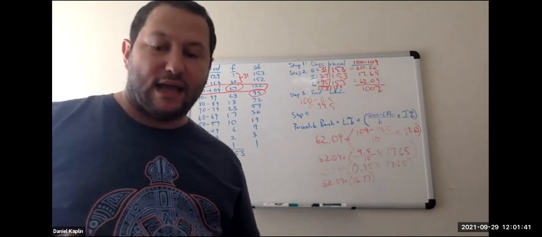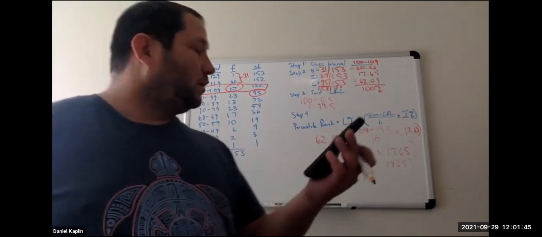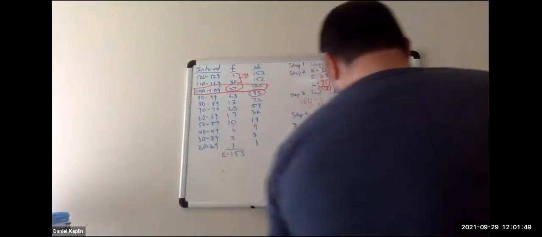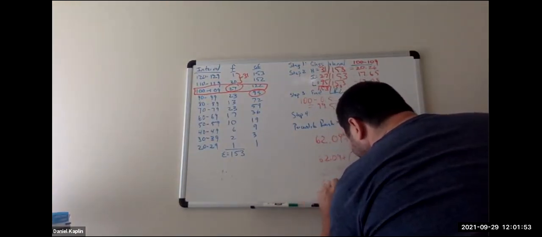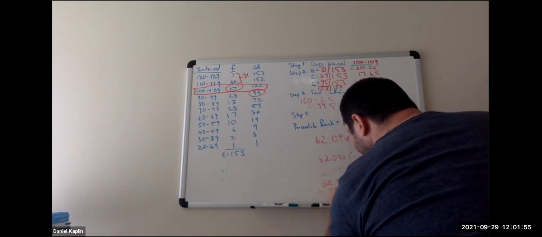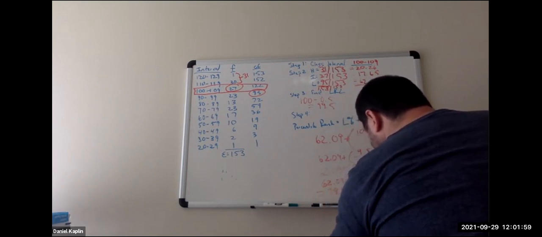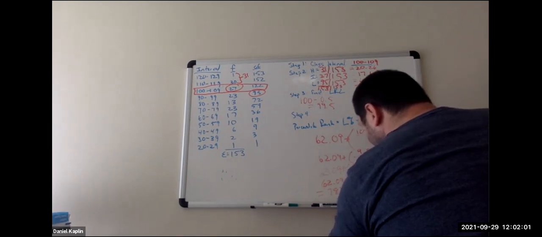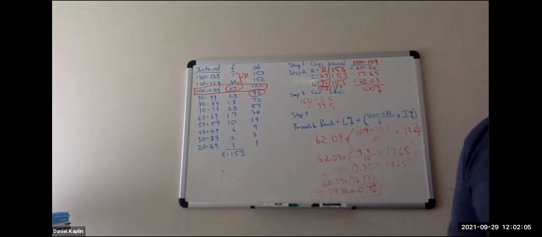When I do that, I get a number that looks like this, which is 78.86. So the answer is 78.86, or approximately the 79th percentile. And that, my friends, is how you do it.